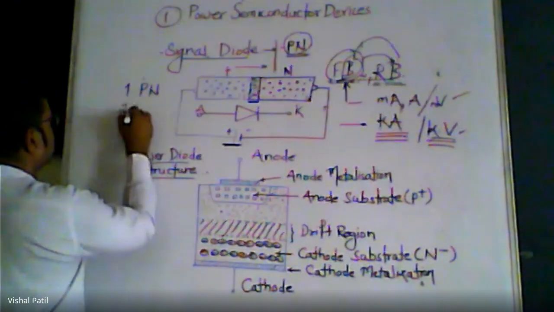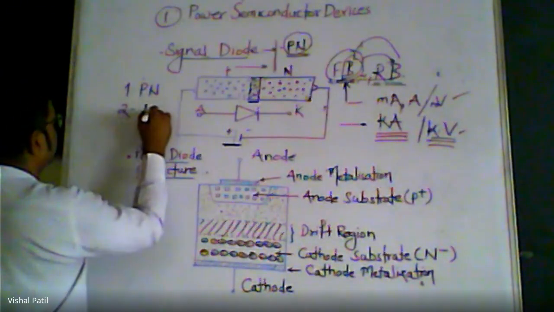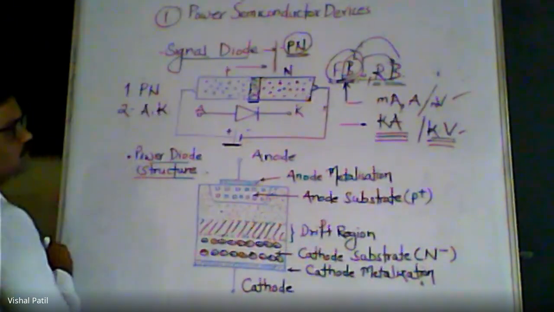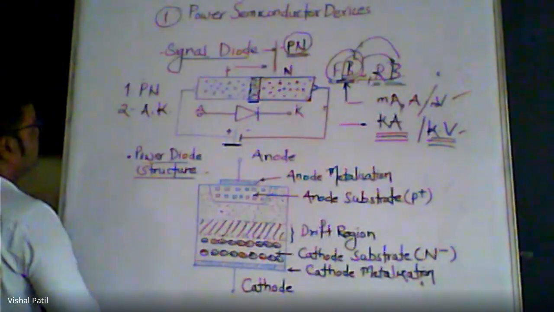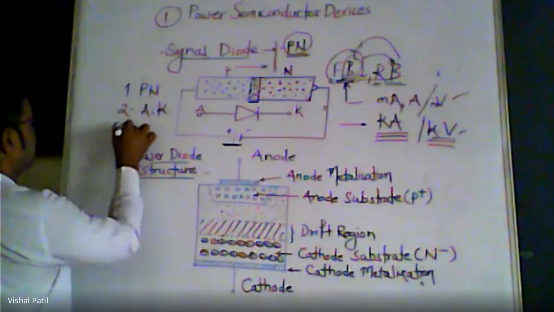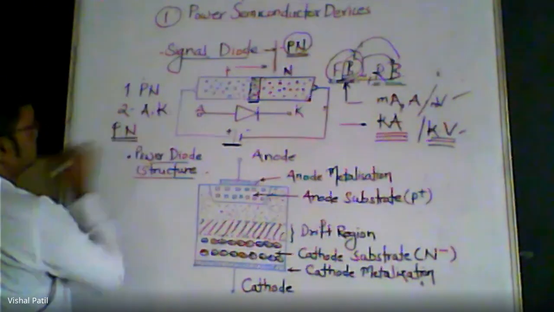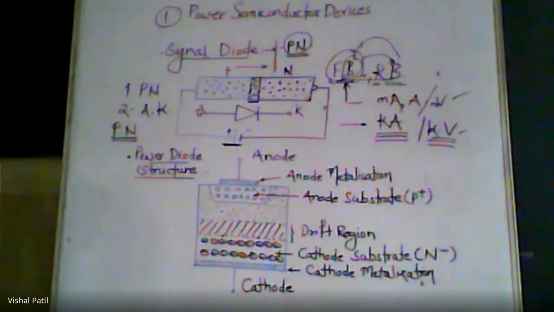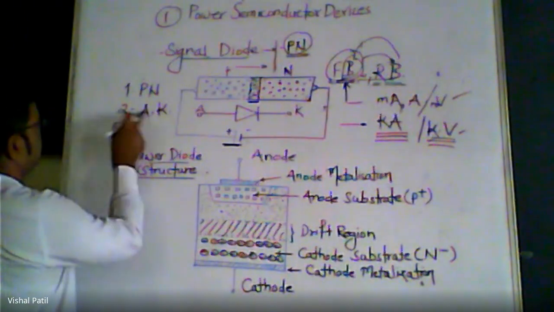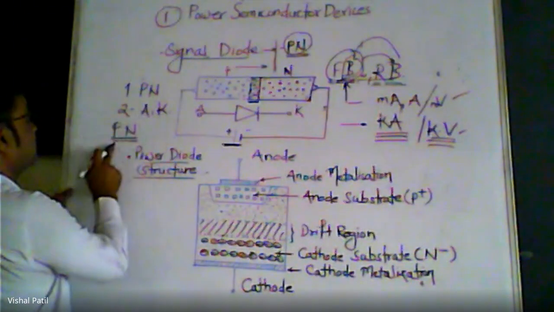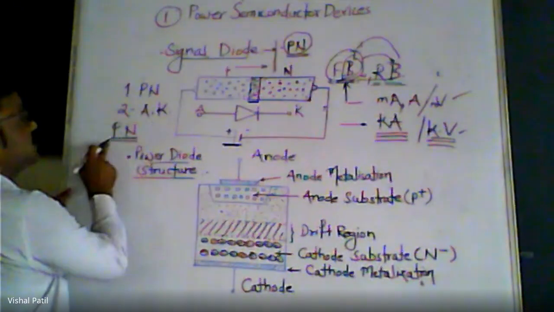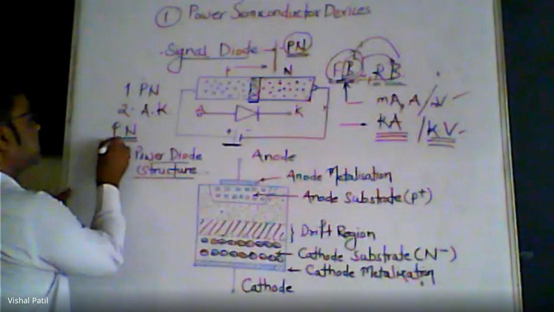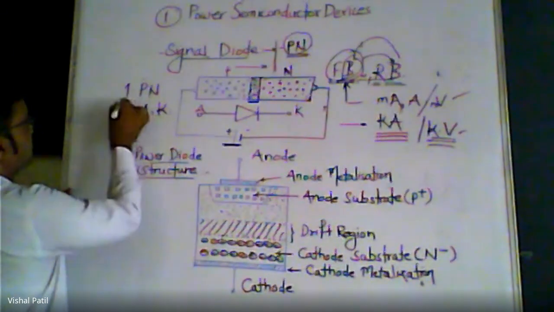Two terminals, that is anode and cathode, and two types of semiconducting material, P type and N type, and one PN junction.